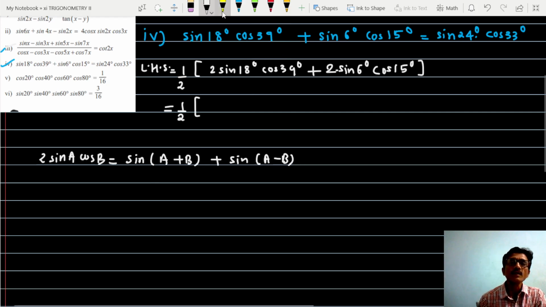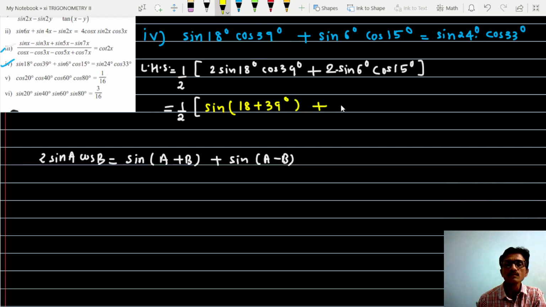Apply the formula over here, sin a plus b, that is 18 plus 39 degree, plus sin a minus b, that is 18 minus 39 degree.